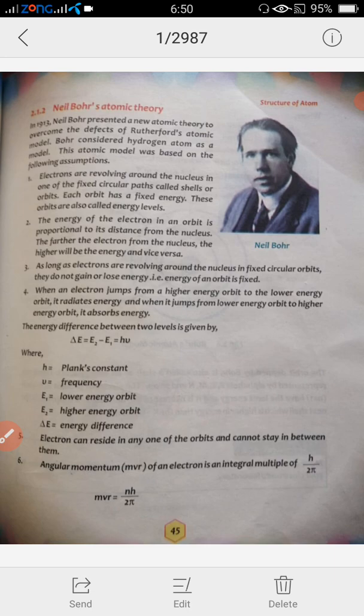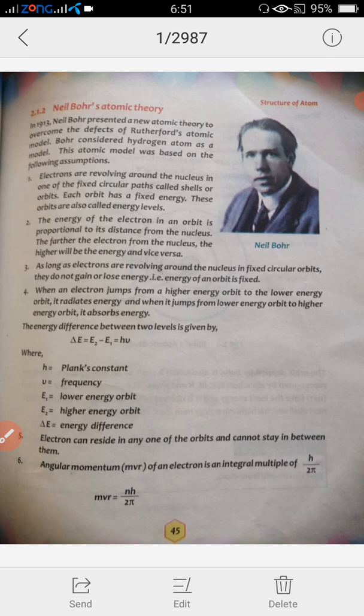But in the case of charged bodies, these laws cannot be applicable.